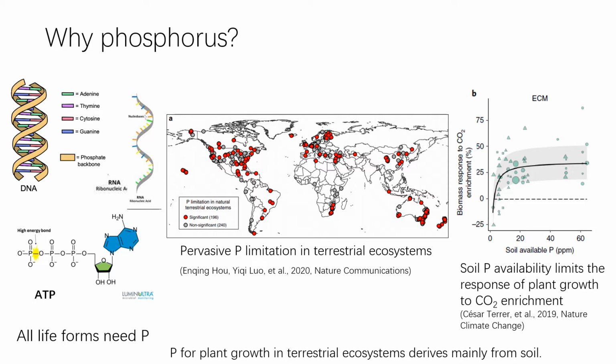Our recent study showed pervasive phosphorus limitation of plant production in terrestrial ecosystems. Similarly, another study found that soil phosphorus availability can limit the response of plant growth to CO2 enrichment. Phosphorus for plant growth in terrestrial ecosystems derives mainly from soil.